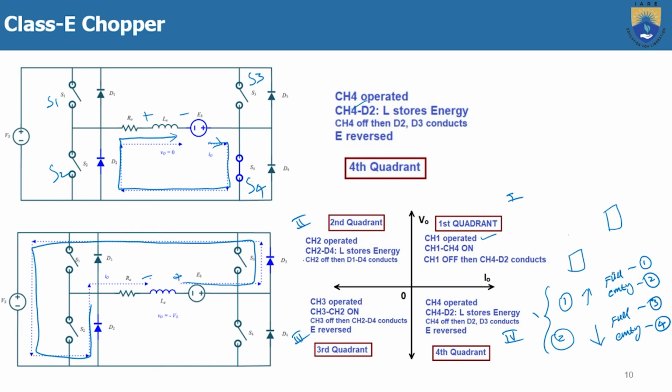So the four possibilities here you need to apply to function this hoist or the lift. So in that case, we use this class E chopper. This is the best chopper, or the best converter, suitable to operate this hoist with a DC motor. This is about the class E chopper.